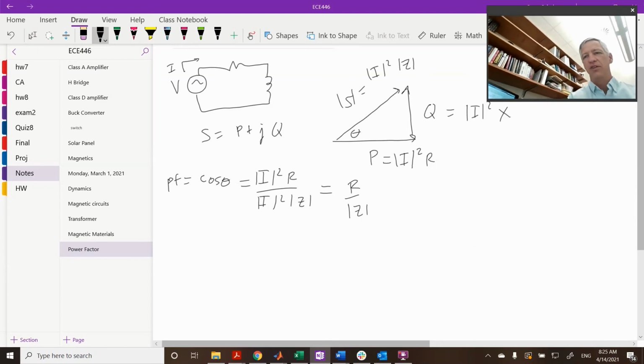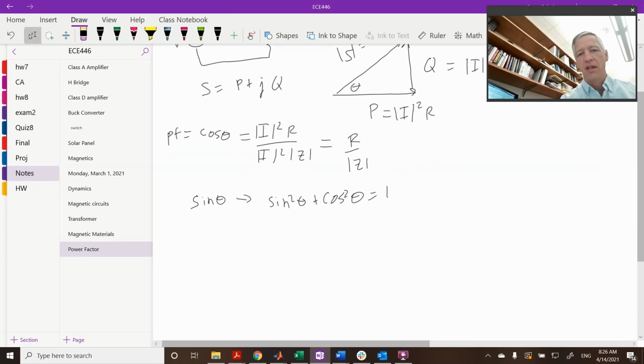Okay, so then we also want to get our complex part. What we want is the sine of the angle. In order to get the sine of the angle, we're going to use sine squared of theta plus cosine squared of theta equals 1, which means that the sine of theta is equal to the square root of 1 minus cosine squared of theta.